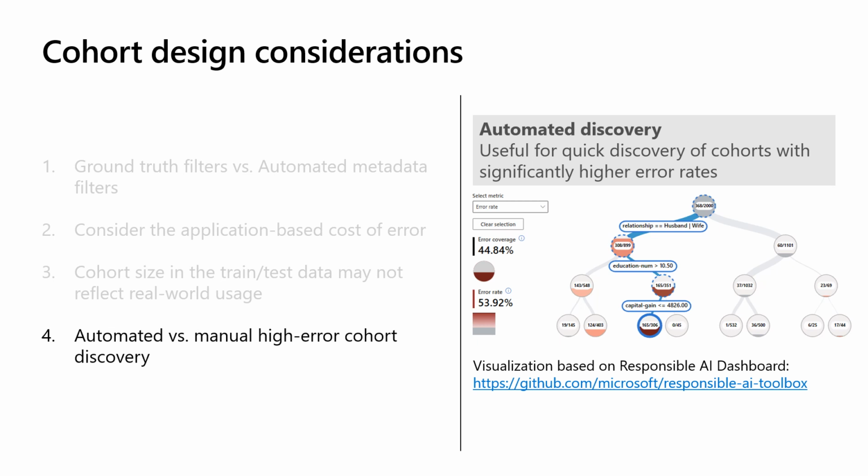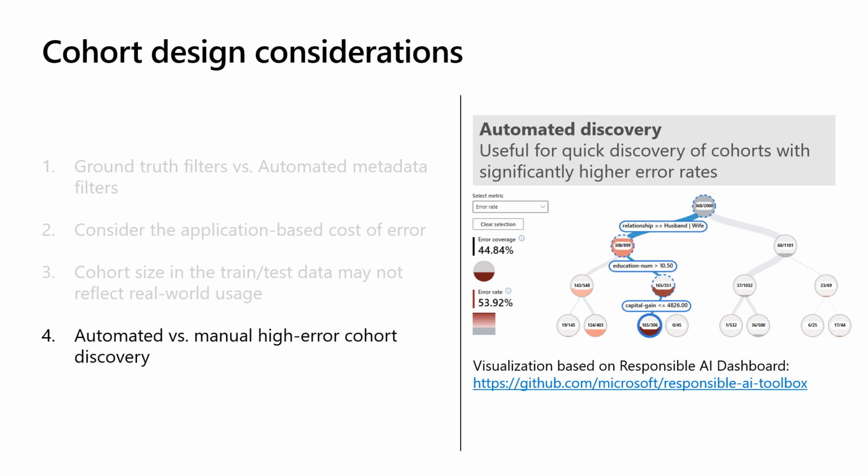Finally, when designing cohorts for disaggregated evaluation, it is also possible to use either automated or manual discovery techniques. Automated methods are algorithmic or learning approaches that aim at best separating error cases from success cases in the data.